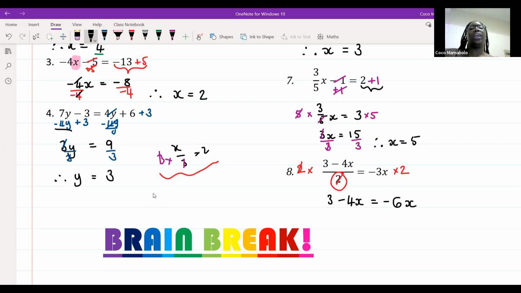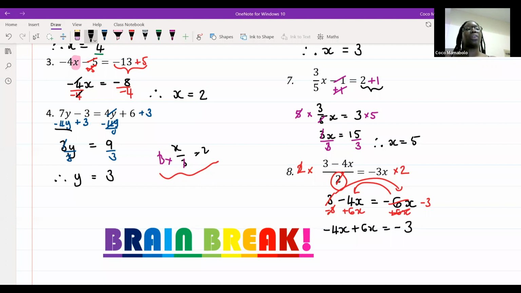Excellent. Okay, then I'm sure you can solve it from here for me. I'm going to take the negative 6x over, which means that's plus 6x on this side. And then I can take the 3 over that side, so that becomes negative 3 on this side. So that's gone and that's gone. What I have left on this side is negative 4x plus 6x, and that's equal to negative 3.